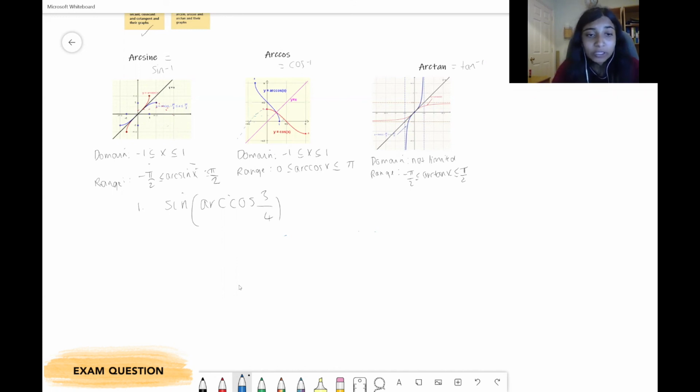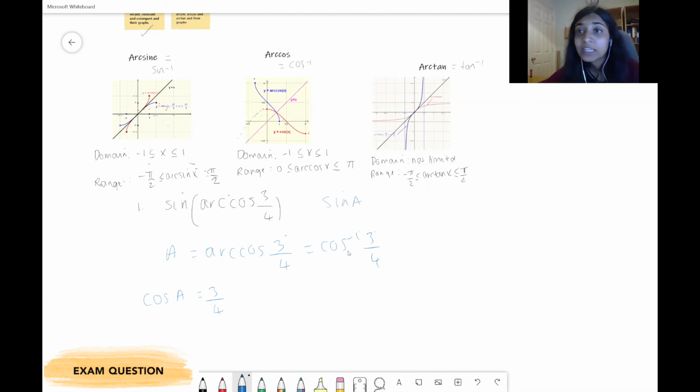So we can say that A is equal to arccos 3/4. If we take cos of both sides, it cancels down to just 3/4, so cos A is equal to 3/4. All we want to do now is find out what sine A is.